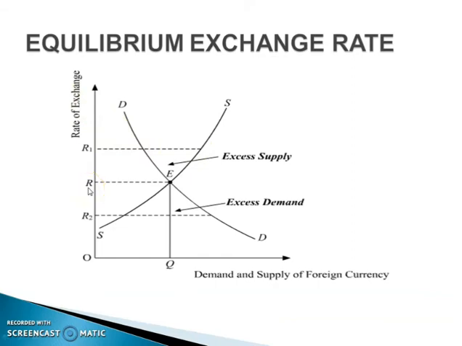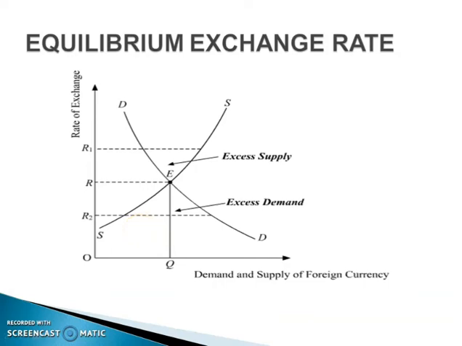Similarly, at a lower price, here it is R2, which is lower than the equilibrium price, there is excess demand. So supply of foreign exchange falls short of demand for foreign exchange.